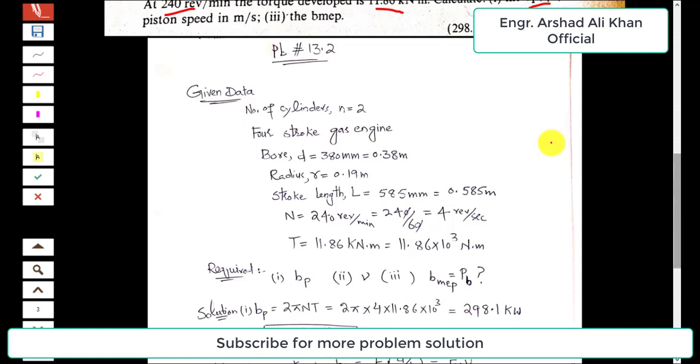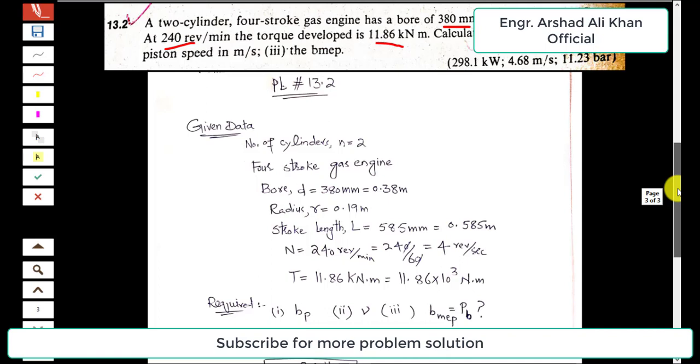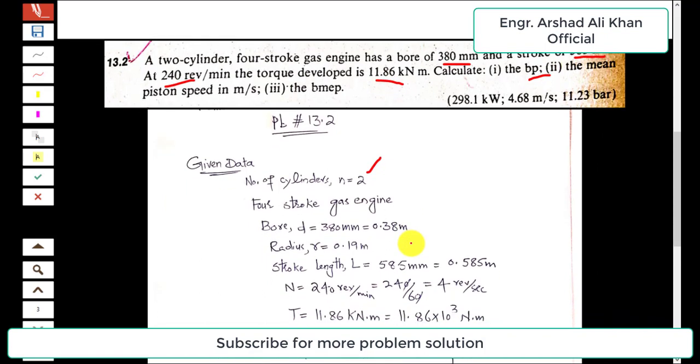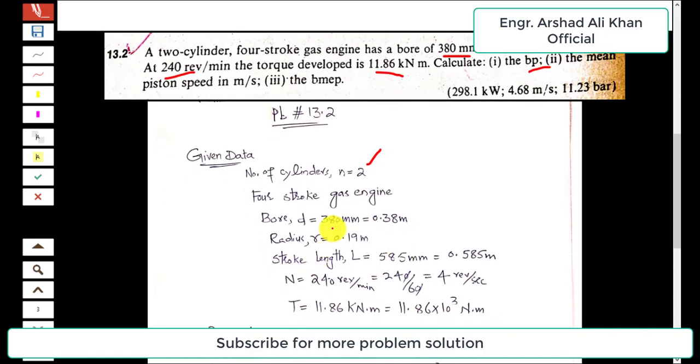First of all, we will extract the information given in this statement. First, it is given that this engine has two cylinders, small n is 2, and is a 4-stroke gas engine with bore, represented with small d, 380 mm.